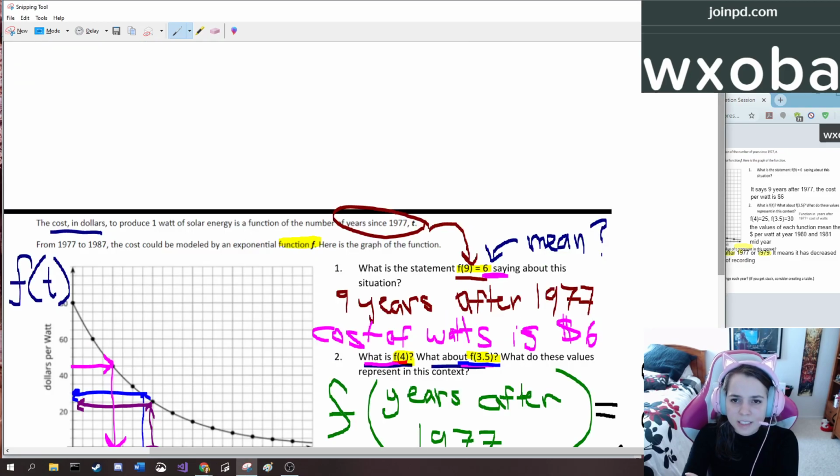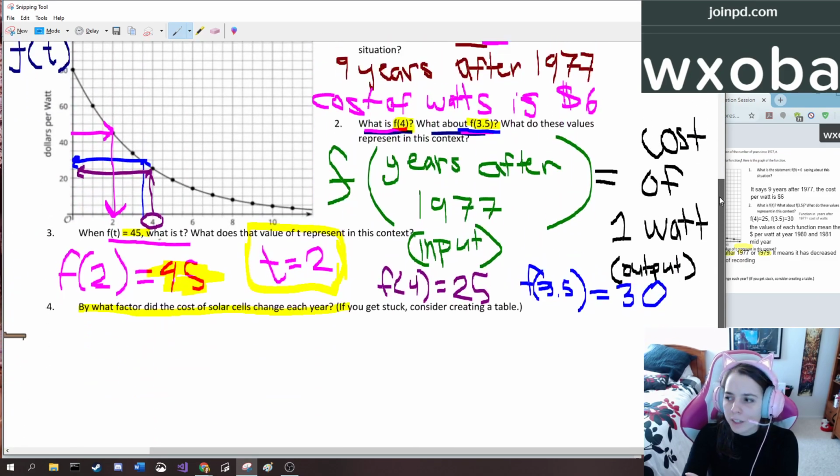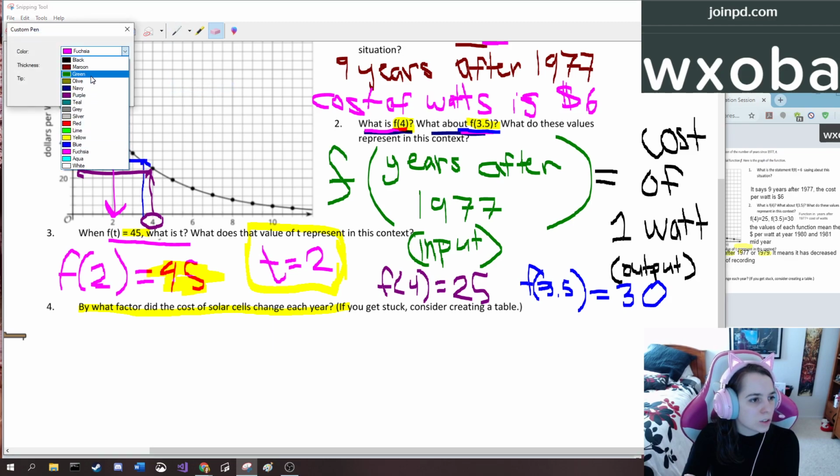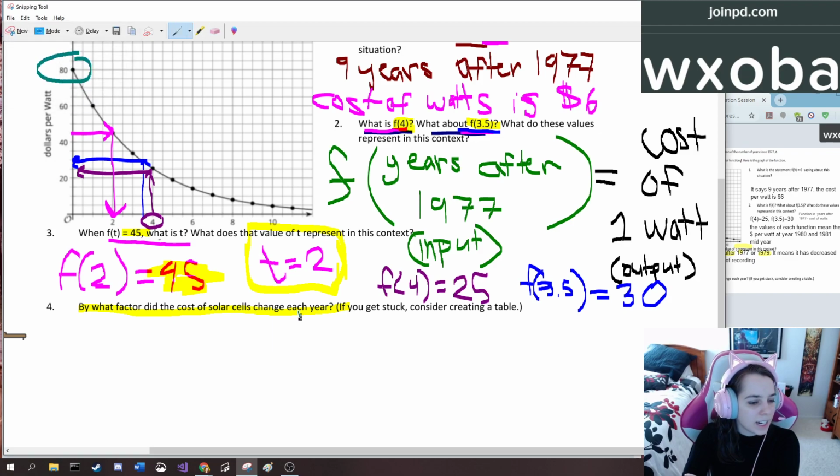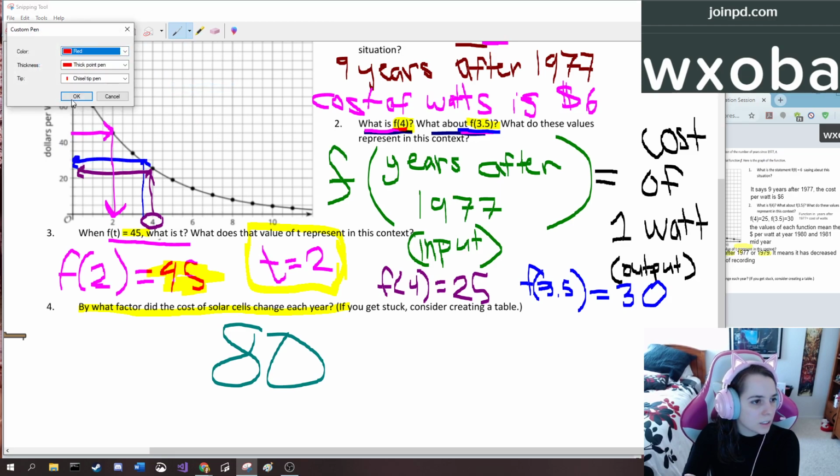I see a student who wrote an equation. They saw that 80 was our starting point, how much the cost of the watts began at. So they took the starting point of 80, but then I see them write 2/3 here.